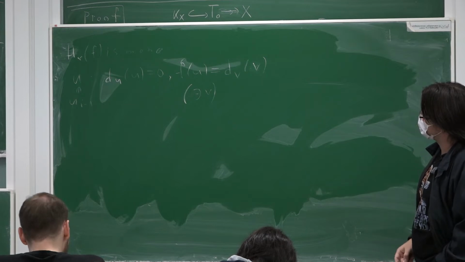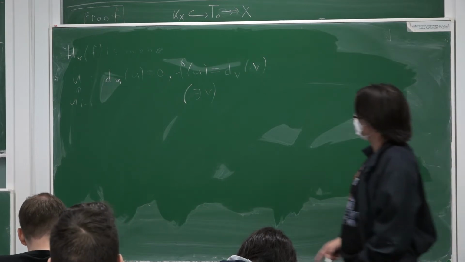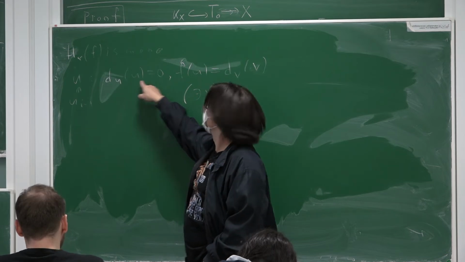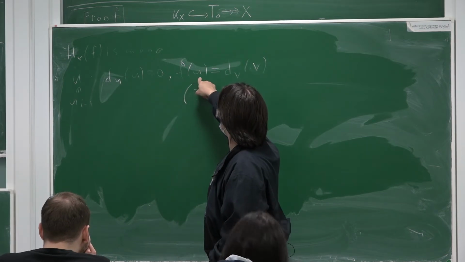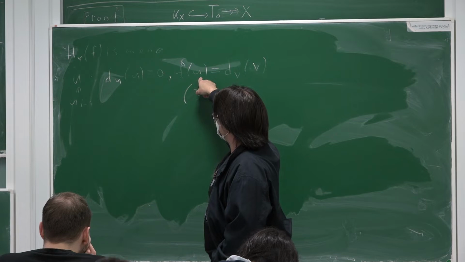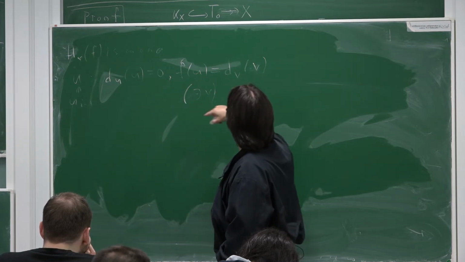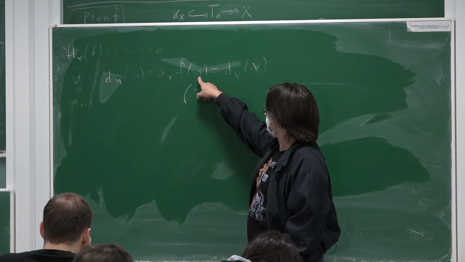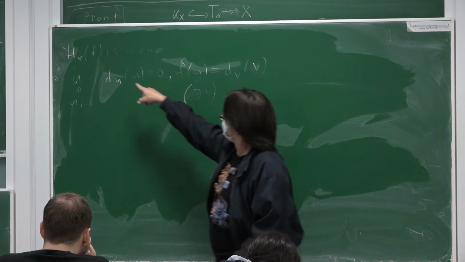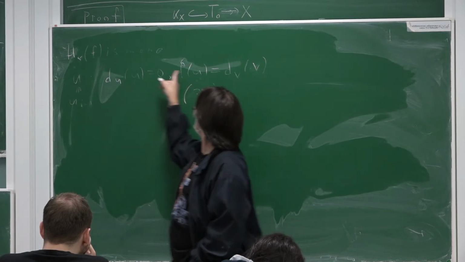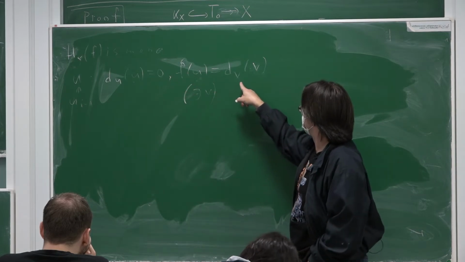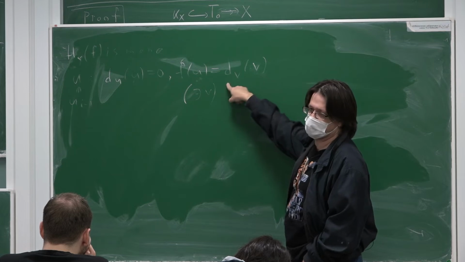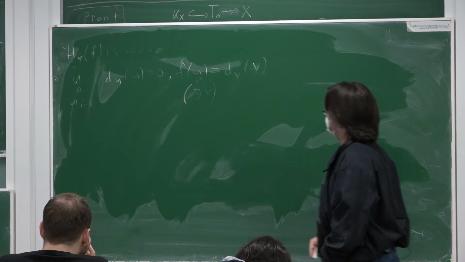Yes, so du of u equals 0 means that u represents some element in homology. f of u is the element that represents some element in homology of V, and the fact that h star of f of u is 0 means that f of u lies in the image of dv, so it equals dv of v, some v.